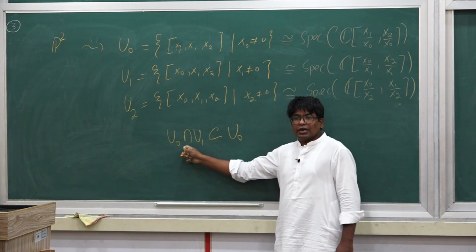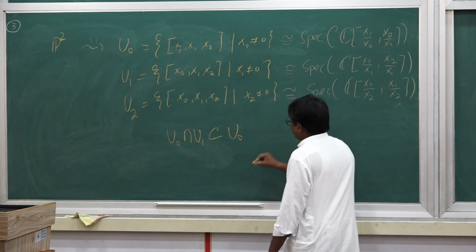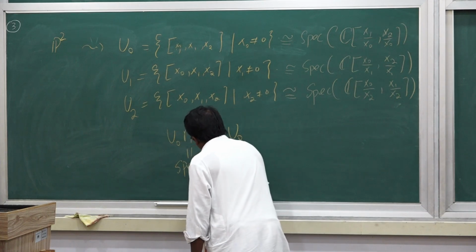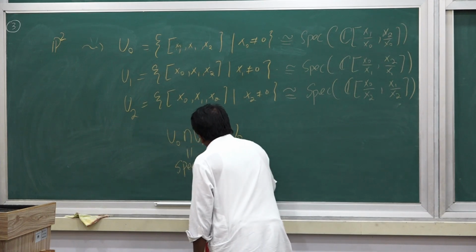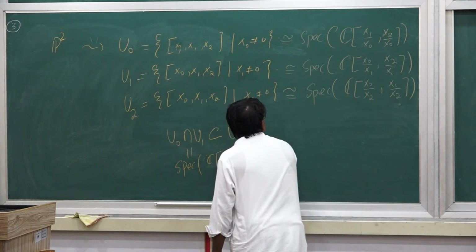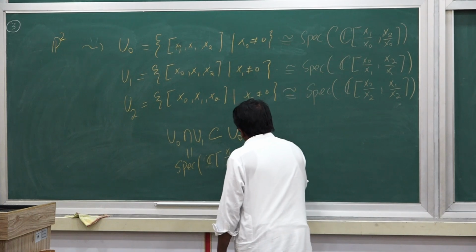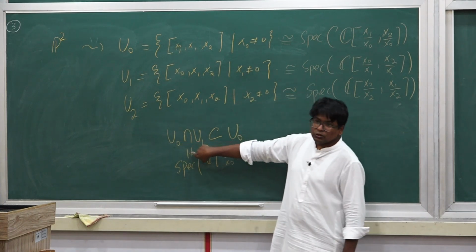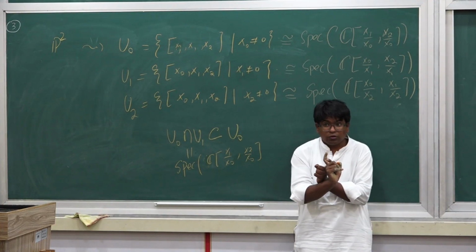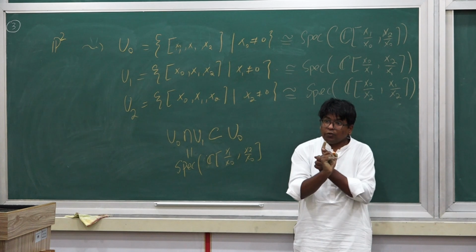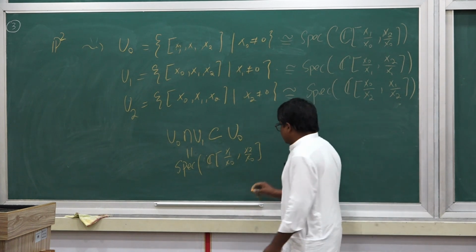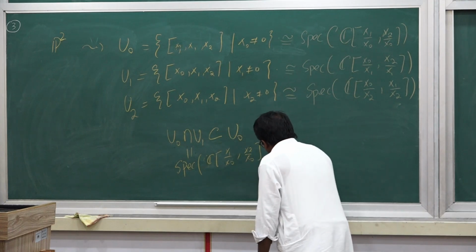That subvariety comes from the spec of C of x1 over x naught, x2 over x naught. Note that when I say that something is in U naught and U1, it means that x naught is not equal to 0 and x1 is not equal to 0. So in other words, x1 over x naught is invertible.